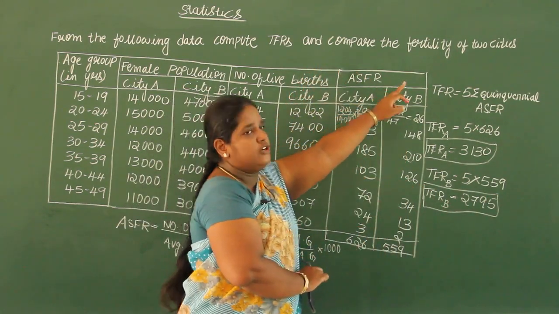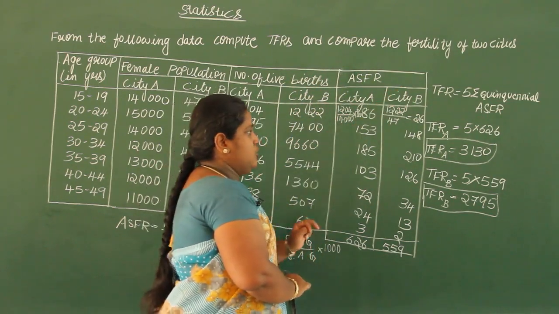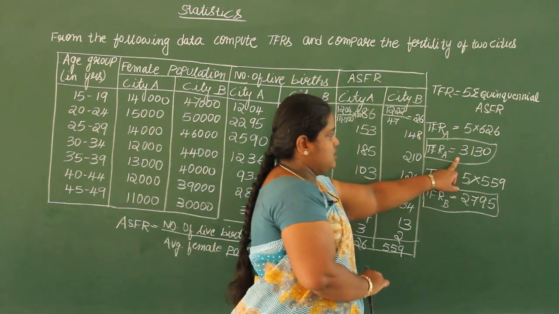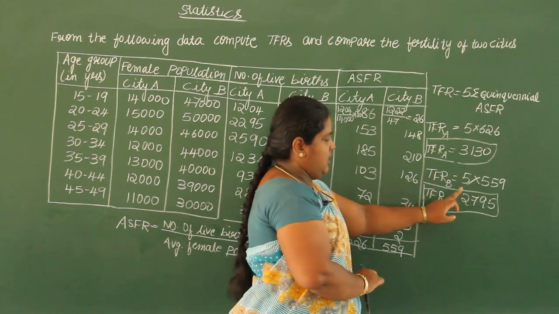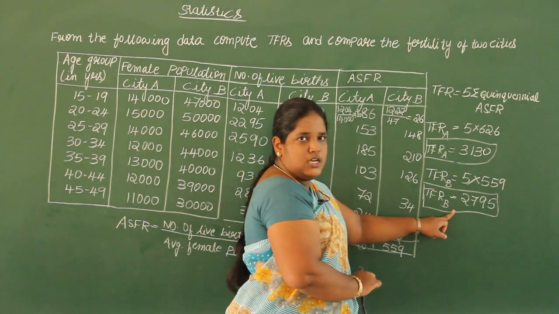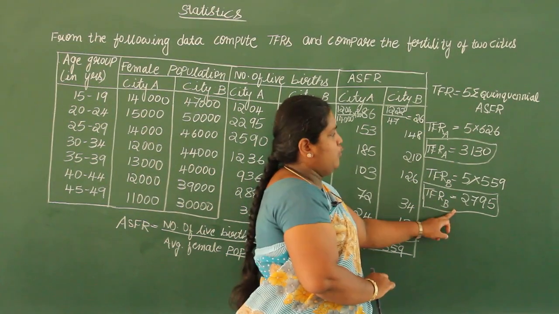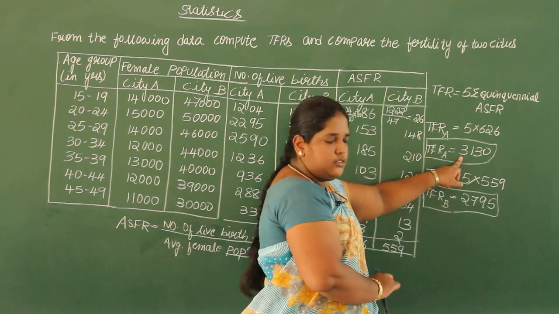So now the first question we have finished, compute total fertility rate, and there is one more question in this: compare the fertility of two cities. What is the fertility of the first city A? It is 3,130. City B, it is 2,795. Which is more? 3,130 is more.